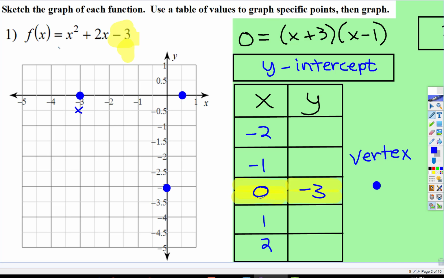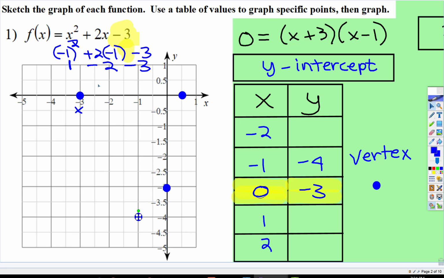So when we plug -1 into that function, well, -1 squared is 1. 2 times -1 is -2. Subtract 3. So +1 subtract 2 is -1. -1 subtract 3 is -4. So at -1, -4.